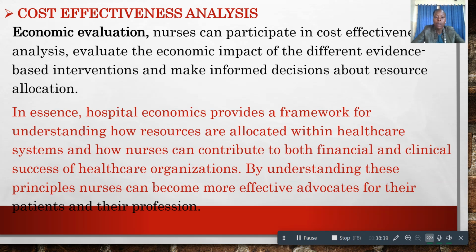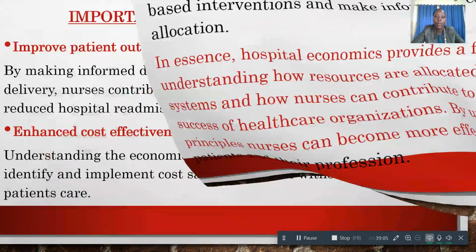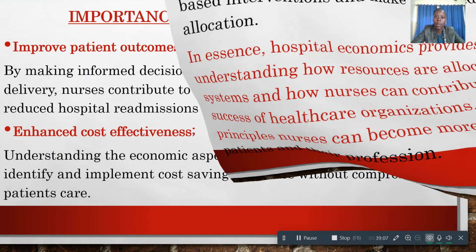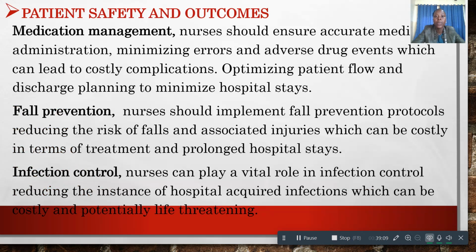So we have to make sure that we understand the economic principles that I've shared with you, and that's why I'm making these recaps. Below are the economic principles that we've looked at. One, we looked at resource management.